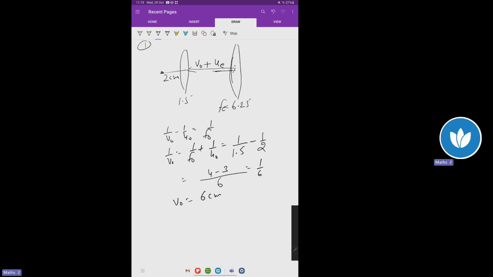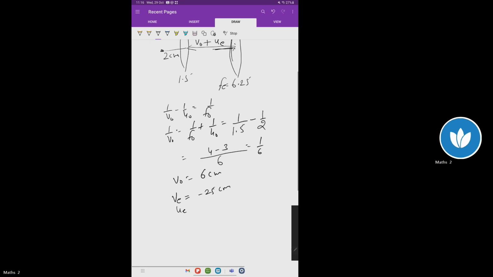And we know VE. VE is minus 25 centimeter. So we can find UE. So 1 by UE is equal to 1 by FE minus 1 by VE. 1 by 6.25 minus minus, plus.